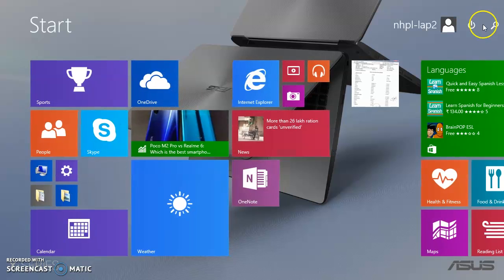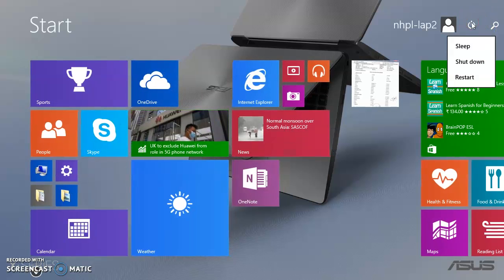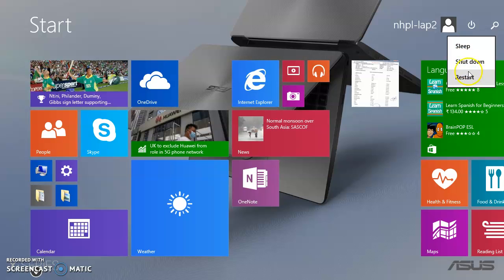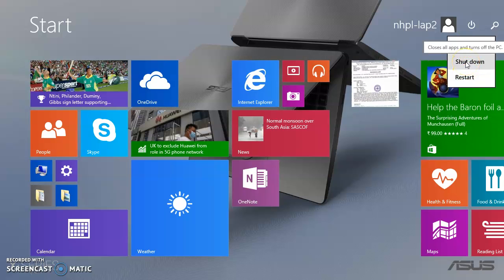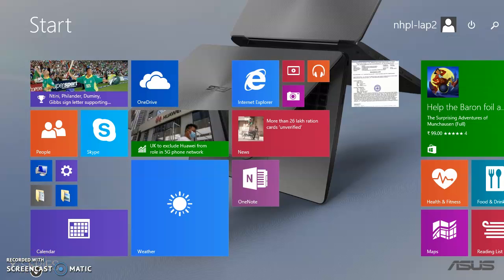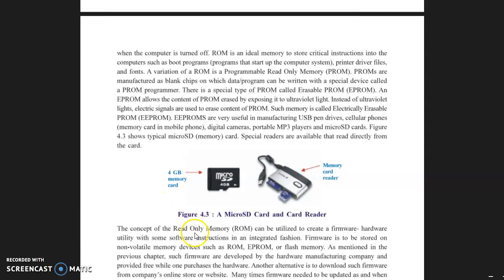When we click here, there are three options. What is meant by sleep, shutdown and restart? Shutdown means it will switch off totally, and restart means reboot: it will shut down and start again. So we are learning here what boot is.